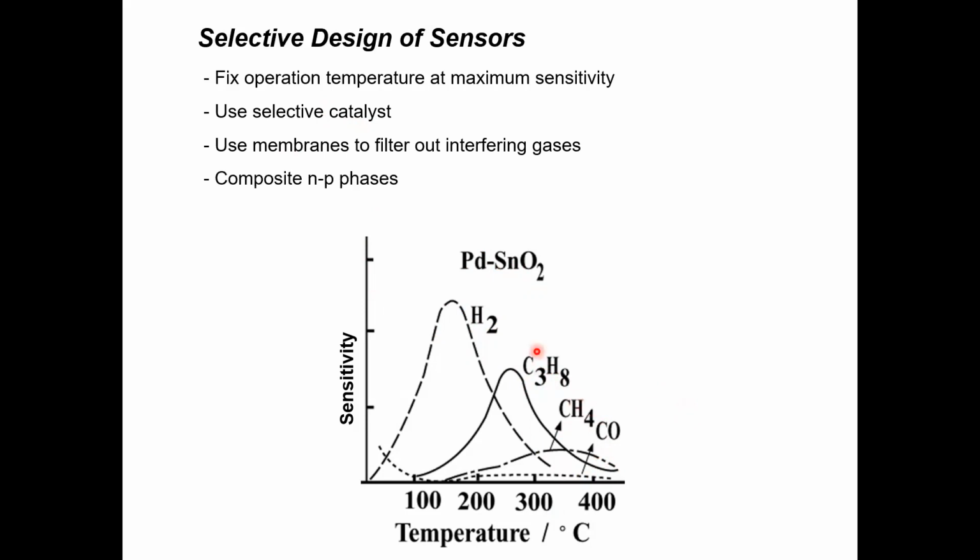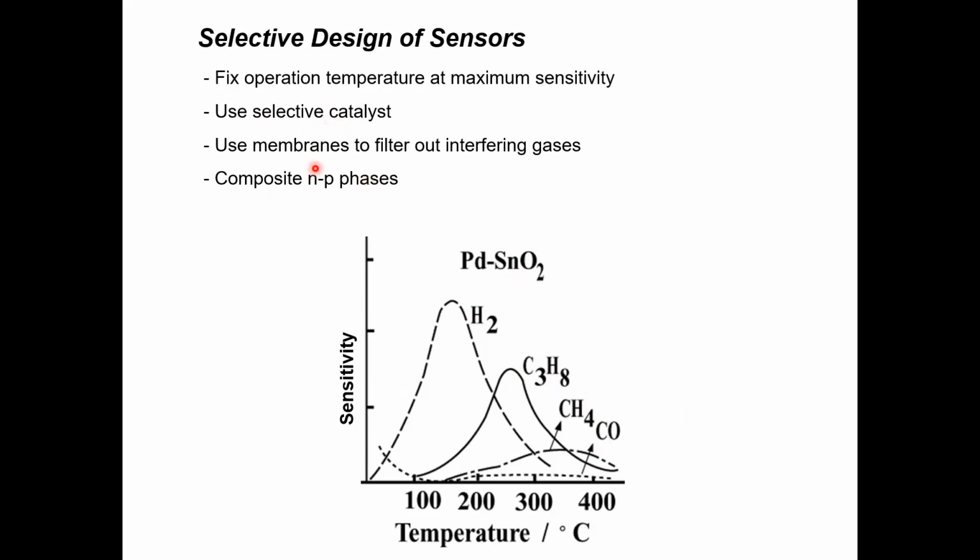Or you can make N and P type composites. As you remember, for N type material, the reaction with reducing gas will bring the resistance down. For P type material, reversal will happen. So P-type material resistance will go up by reacting with the reducing gas. So you'll get some compensation.